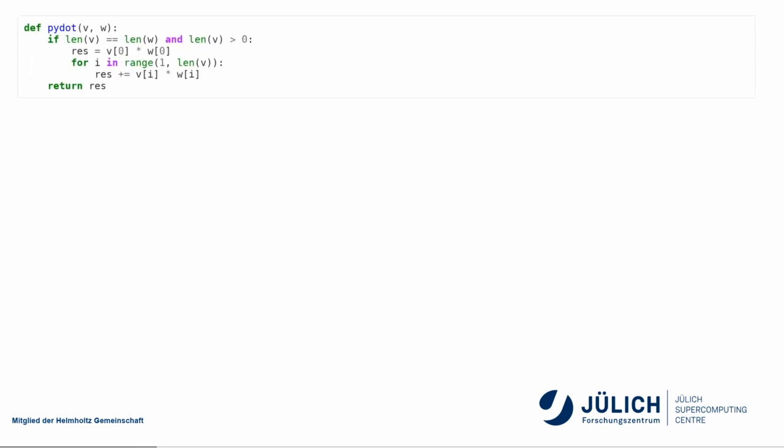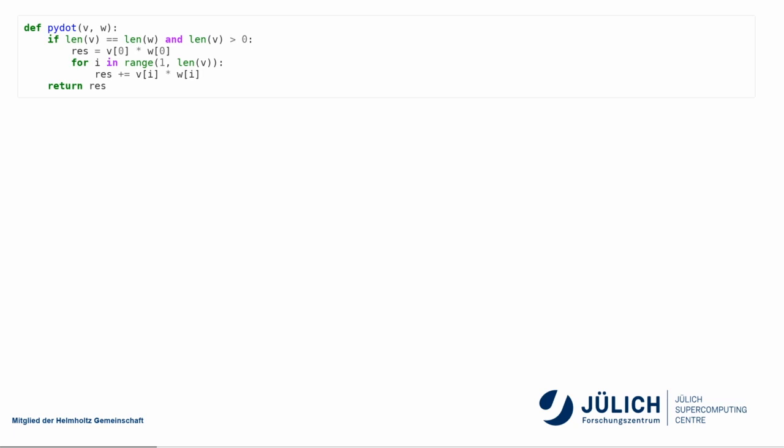Let's start with this function. It's a dot function, actually multiplying two arbitrary iterables v and w, where I can define a multiplication, have an indexing operation, and have an addition.